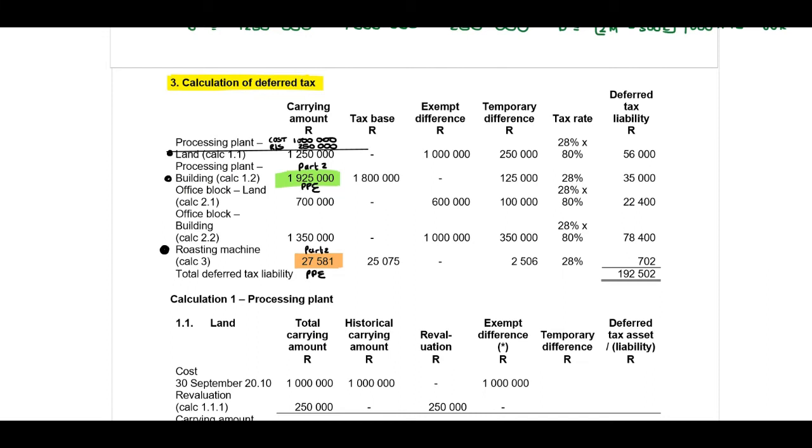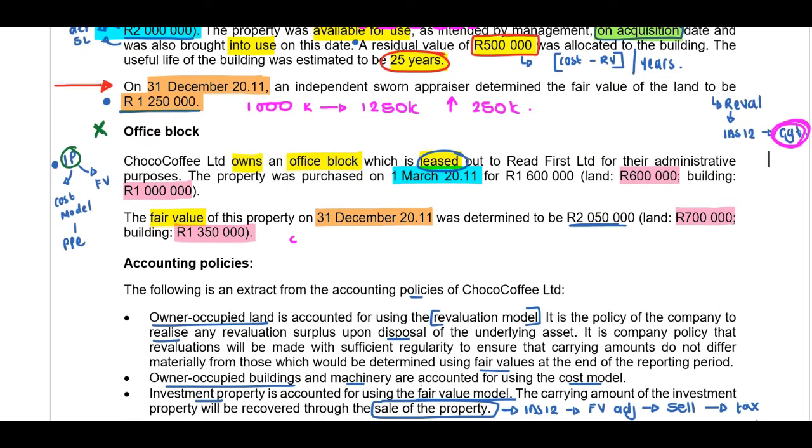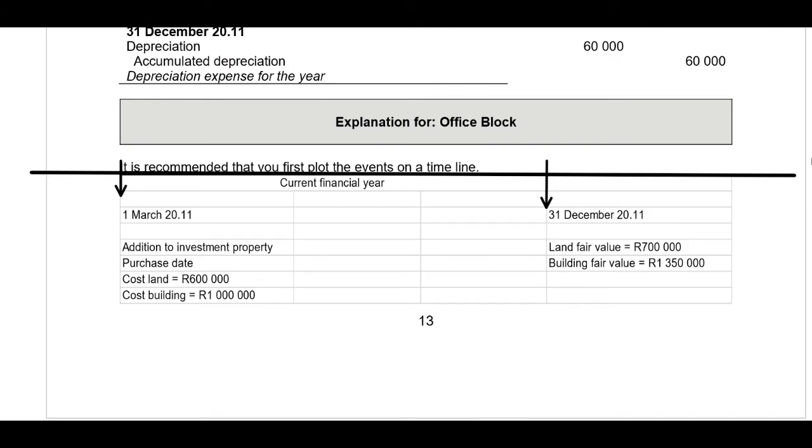Right. Now, if we refer back to our given information, the office block, they've indicated to us purchased at a cost of 600,000 and 1 million. We have a fair value at year end of 700,000 and 1350000. Therefore, if you refer to the explanations, again, I prefer to include my timeline.